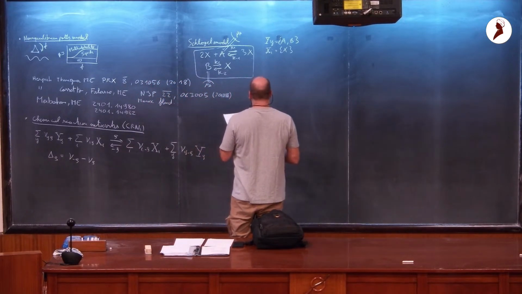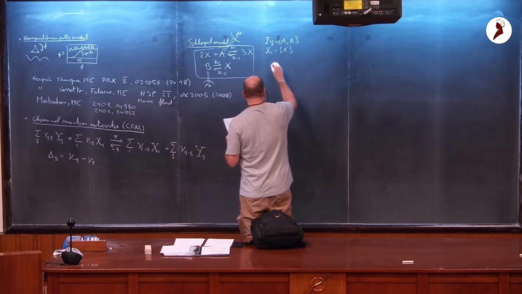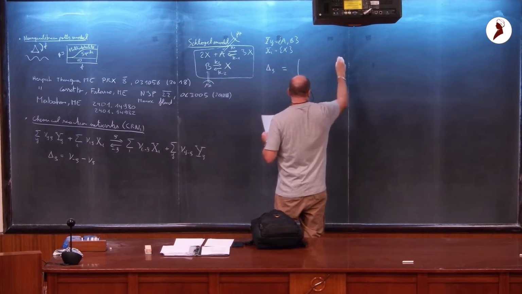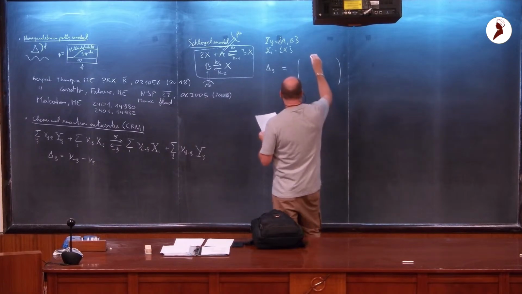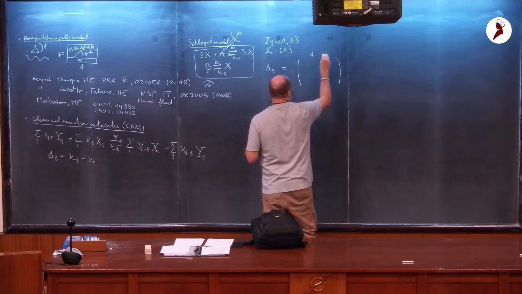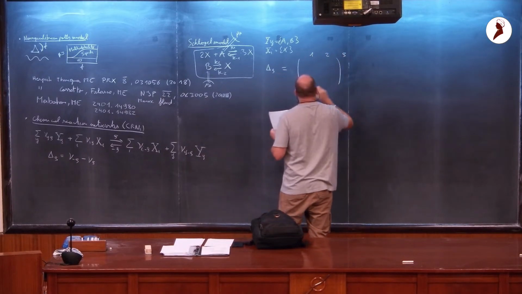So let's look at the Schlegel model and let's write delta. So the reactions, let me also say, reaction 1, reaction 2. So 1 and 2, these are the reactions.